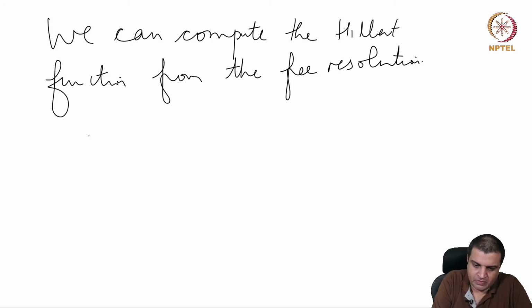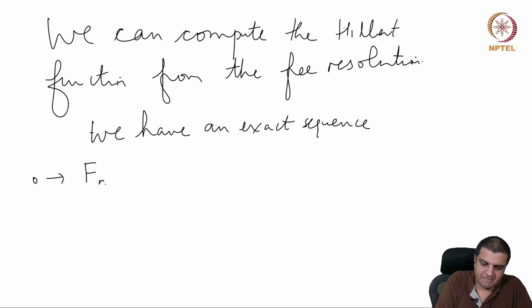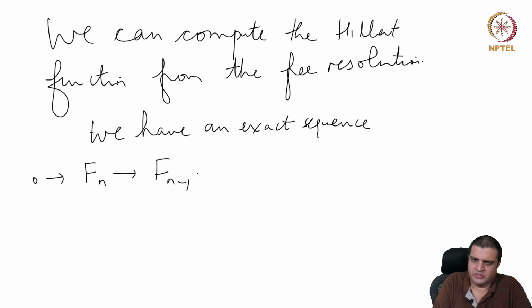We have an exact sequence: 0 to some F_n. I'm not saying that these are non-zero free modules, but we just know that it doesn't go beyond F_n, so we just stop there. So this could be 0, it doesn't matter.